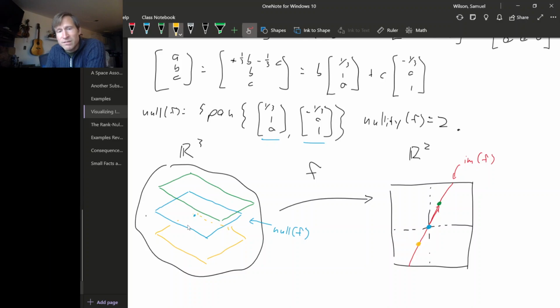So all of these parallel planes, translating up and down in R3, will produce all of these outputs along this image. So you can see that it's almost as if these planes are acting like a copy of the image, but somehow sitting over in R3.